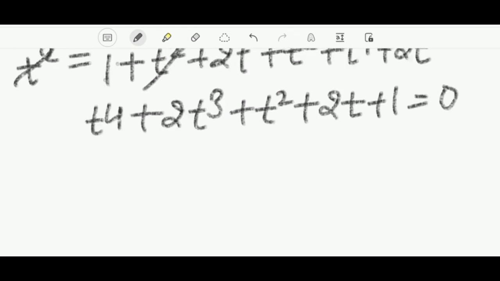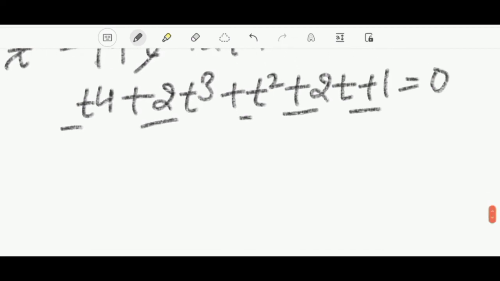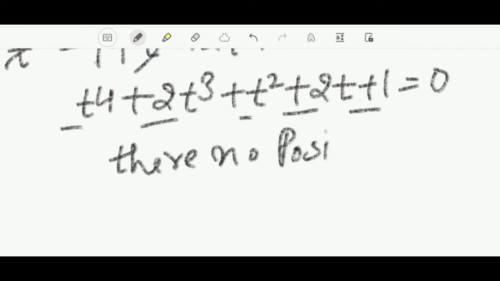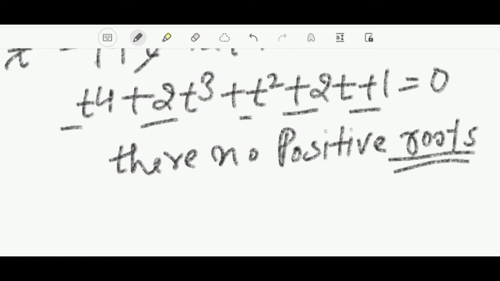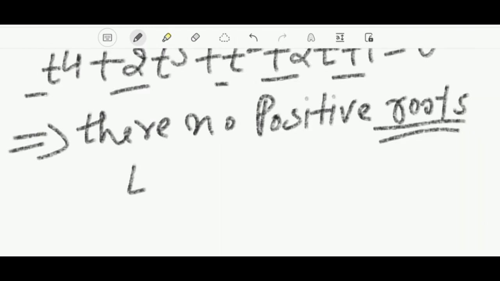Since in the coefficients of this fourth degree equation there is no change in the sign, we can simply say that there are no positive roots. By using Descartes' sign rule, we can conclude this, and our t is log x at base 2.